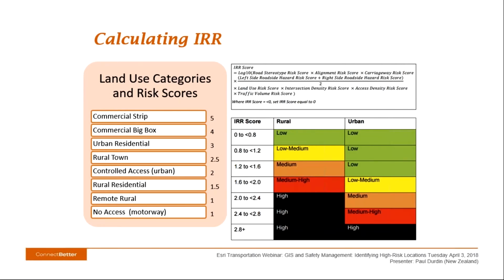The scores for each category fit into the IRR model, which is a multiplicative log model, the equation shown in the top right. The score is then used to work out the overall IRR score for a corridor, and these are banded separately for rural and urban environments.